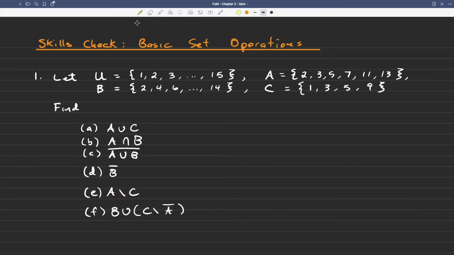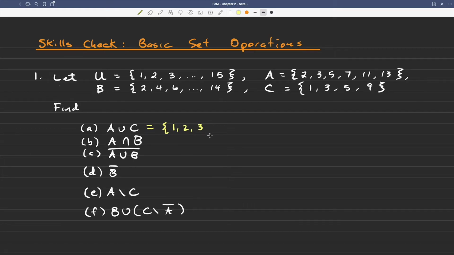All right, welcome back. A union C. So this time our universe is the set of integers 1 through 15. So we're going to bear that in mind, especially when we're doing complements. So A union C just means take all the elements of A and C and throw them together into one pile, combine them. So we'd get 1, 2, 3.